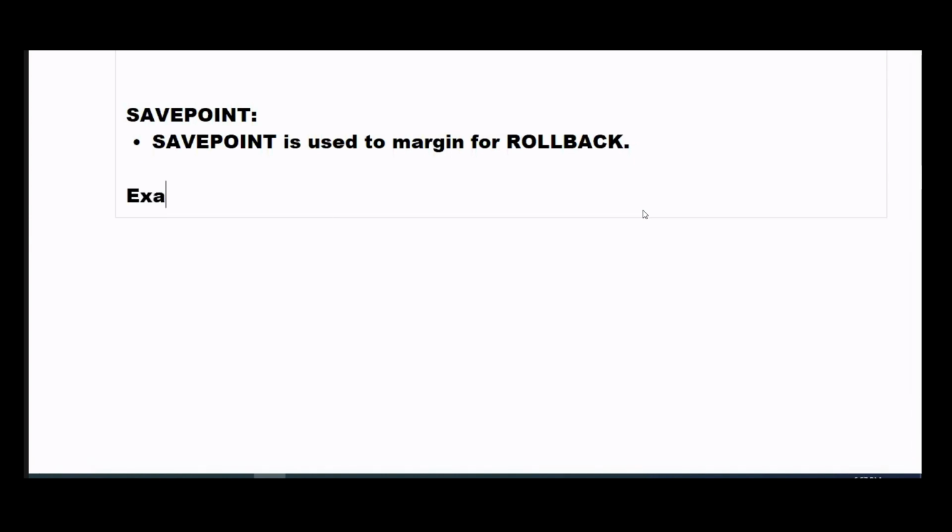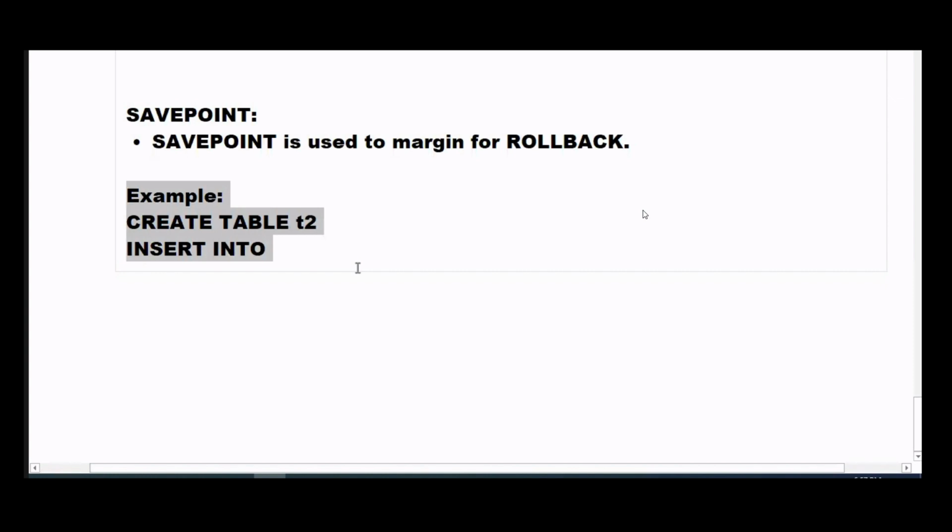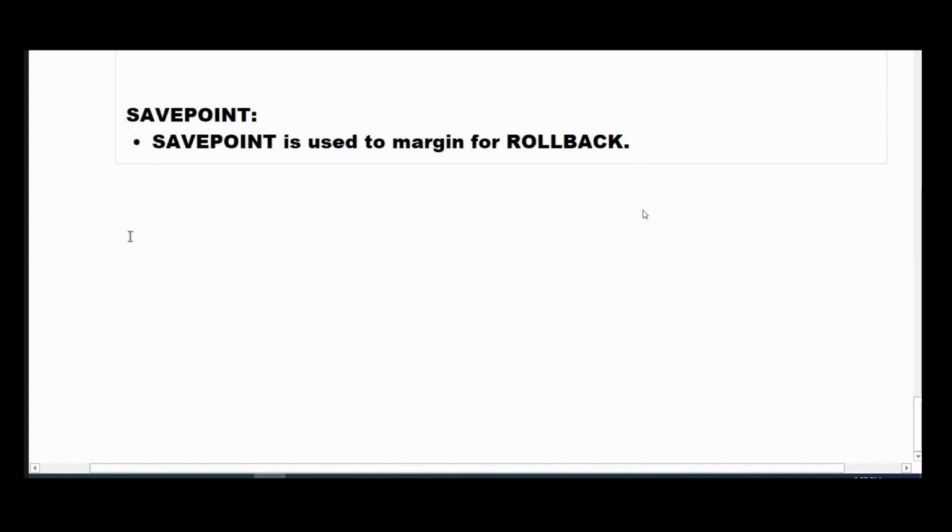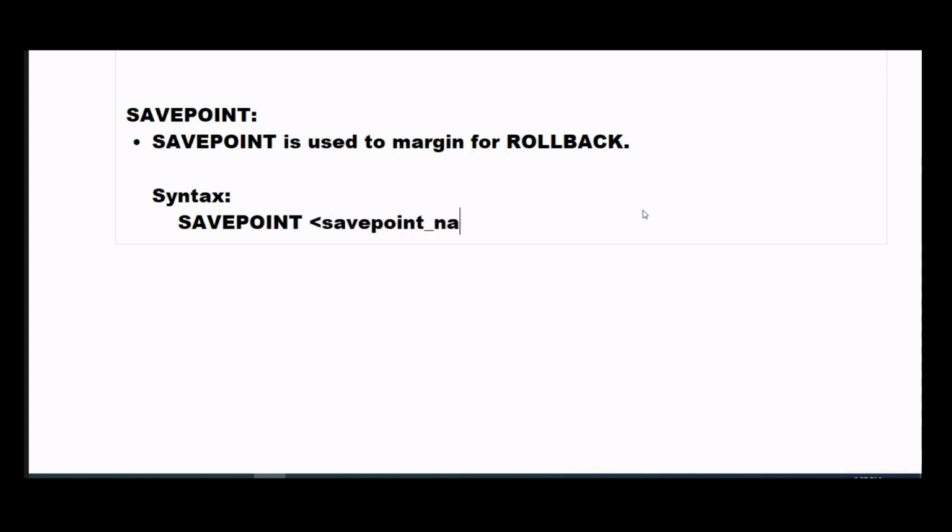Understand here. I am giving one example to understand this. For example, I am creating a table with the name T2. T2 is the table name. To use this savepoint, the syntax is savepoint, and we give a savepoint name. See here.